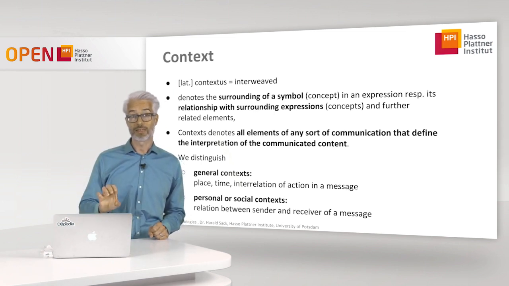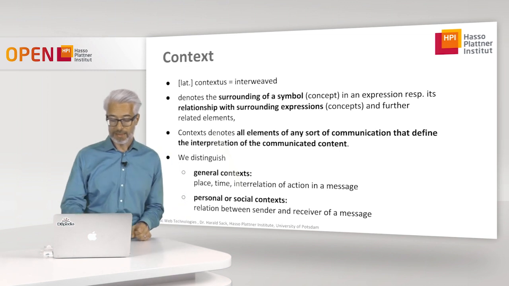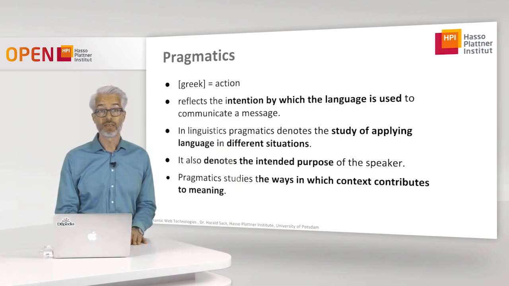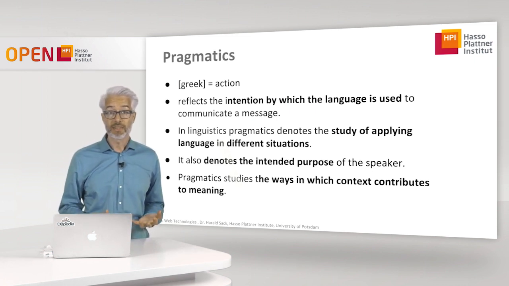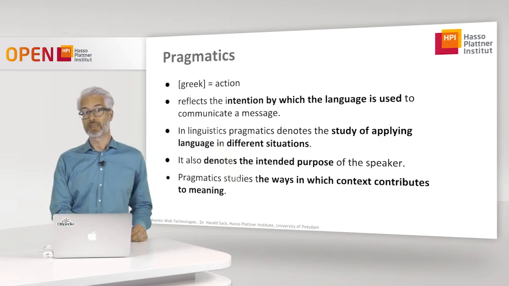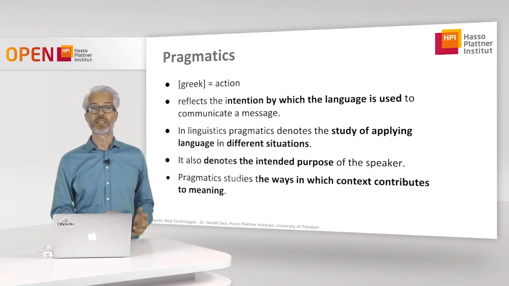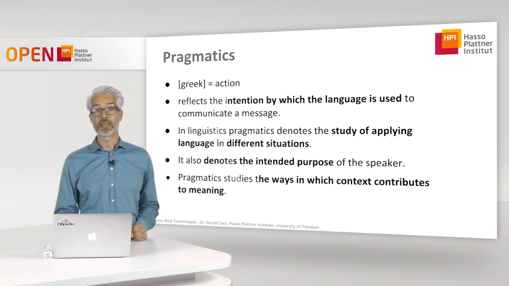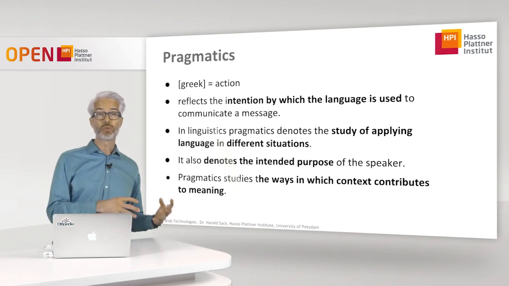Besides the context, we also have pragmatics, also from Greek, it means action, and pragmatics reflects the intention by which the language is used to communicate a message. So it really reflects the intention of the sender. So in linguistics, pragmatics denotes the study of applying language in different situations.